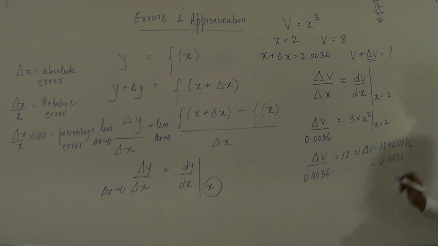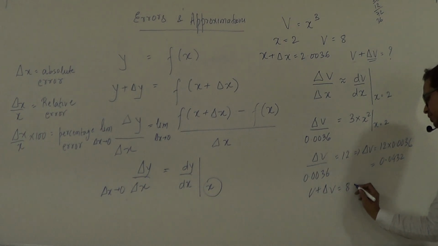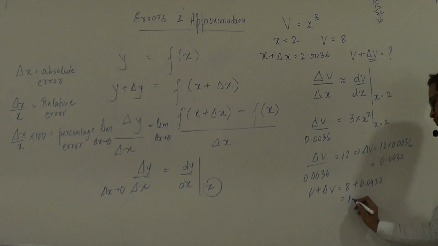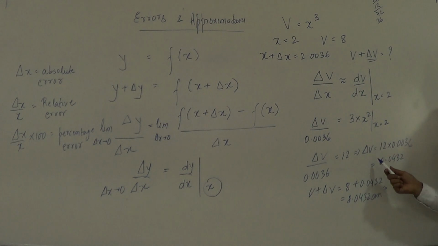Correct? So your new volume would be V plus delta V, which is 8 plus 0.0432, which is 8.0432 centimeter cube. So I never sat and did 2.0036 whole cube. I just saw how much adjustment I have to make to my volume or what is the error introduced in the volume and adjusted it with that error.